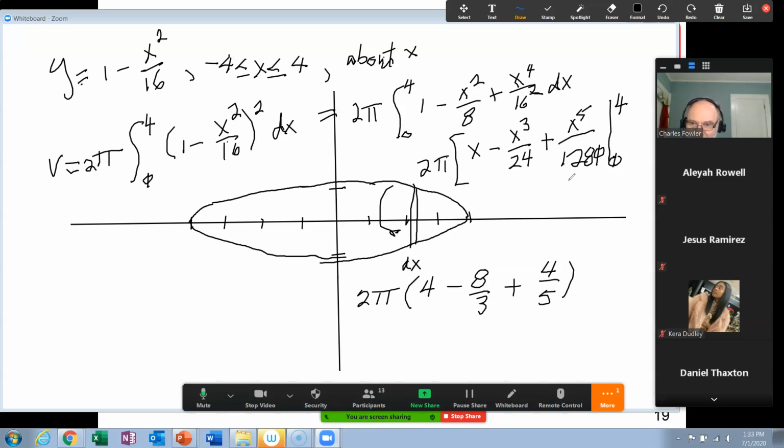All right, least common denominator. Let's come over here and do the 2 pi times, least common denominator is 15. So 4 is 60 over 15 minus 5 times 4 is 40 over 15 plus 12 over 15.